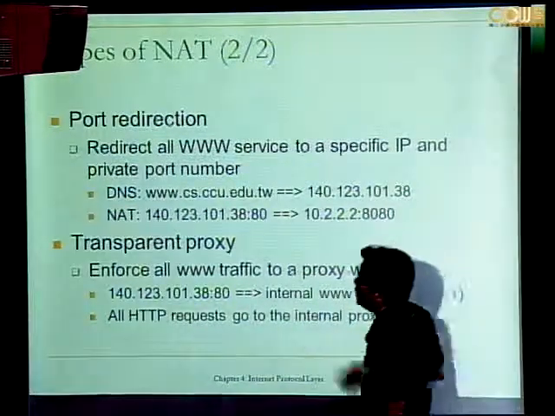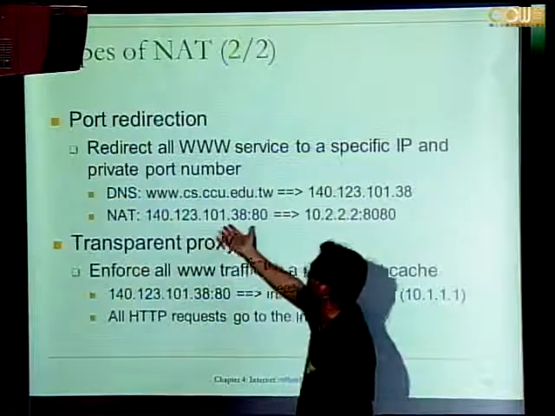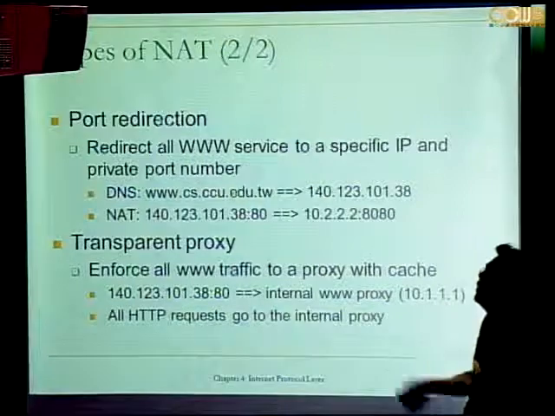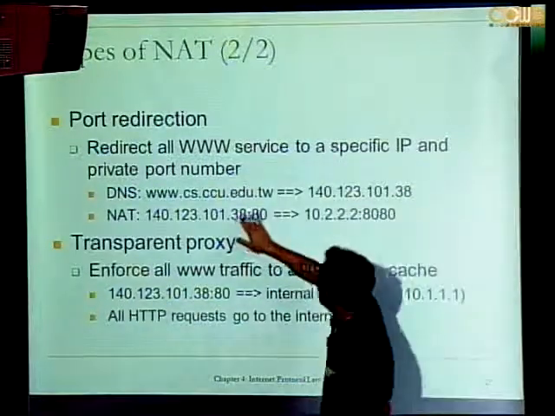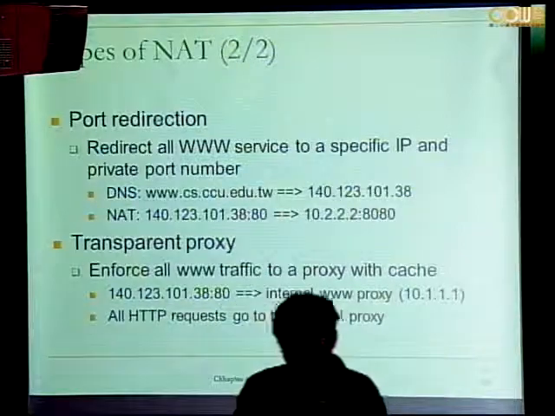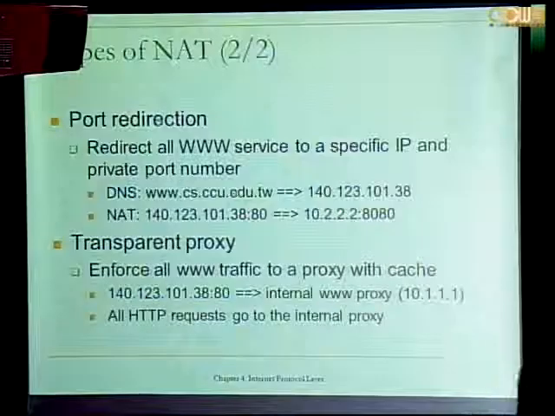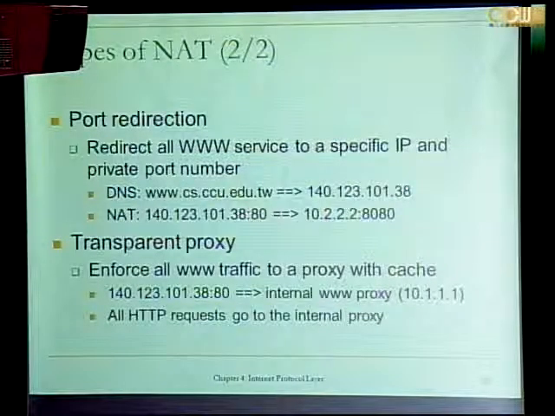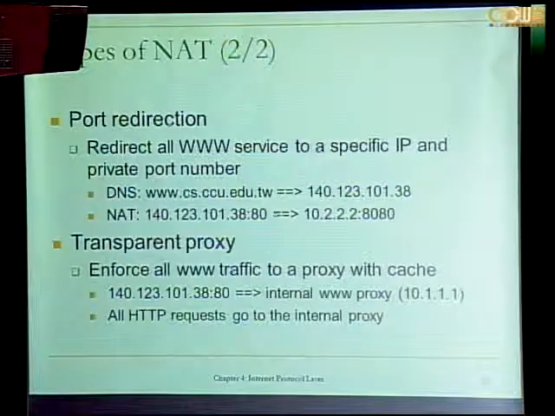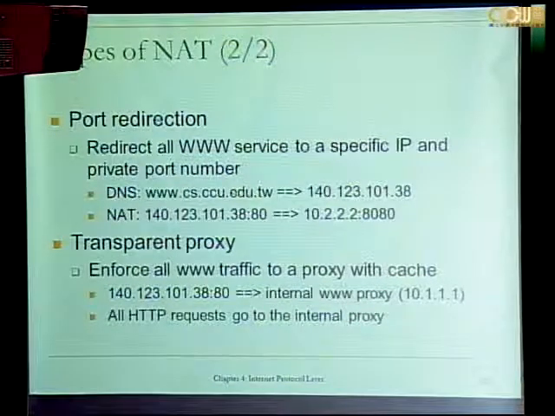But on the internet, they would think my IP address and port number is this. And this is done by NAT translation. So this mapping is configured. I'm doing the mapping by manual configuration. I configure this, and then I'm making the web server visible to the internet. Another application of NAT is the so-called transparent proxy.